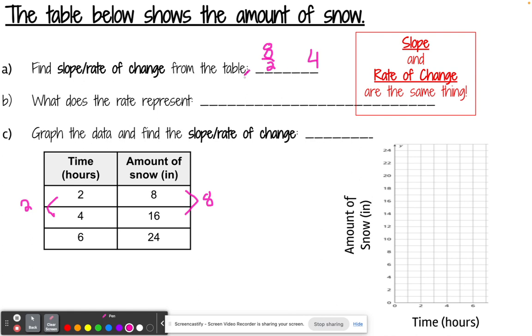Now, if I wanted to keep it in terms of 2 numbers, this means that for every hour, it snows 4 inches. So every 1 hour, 4 inches, or it snows 4 inches every hour.